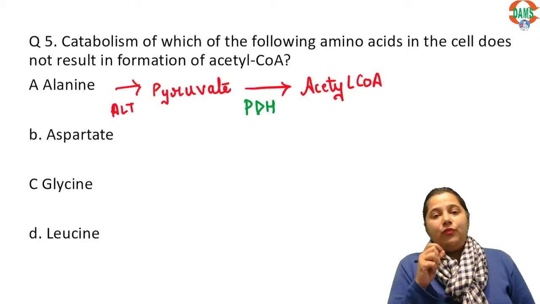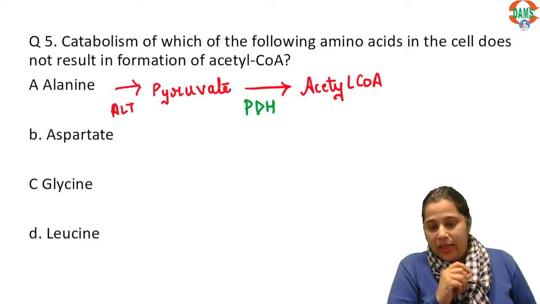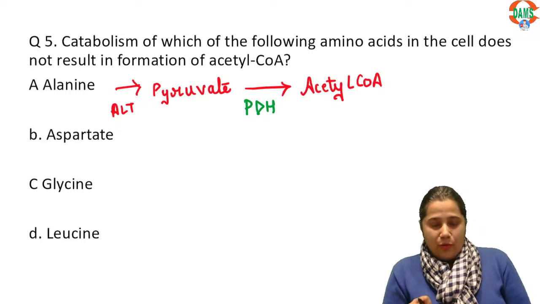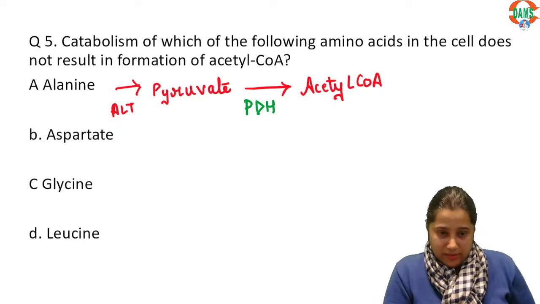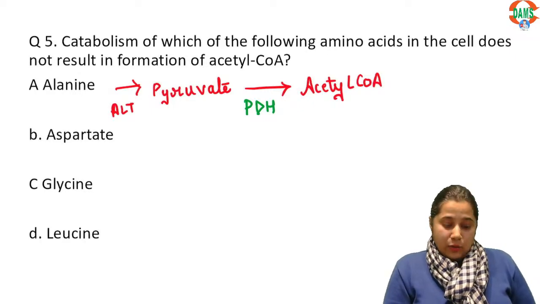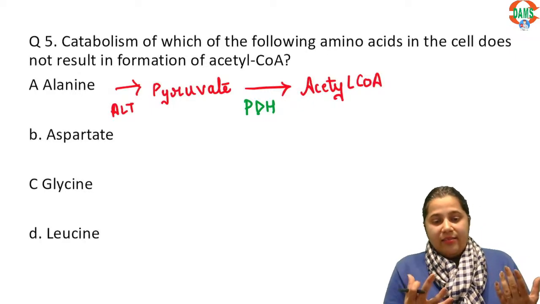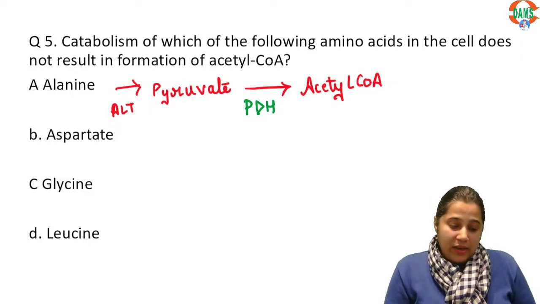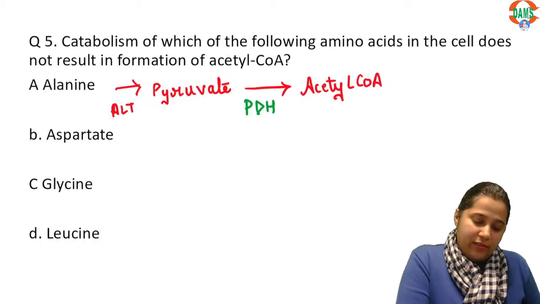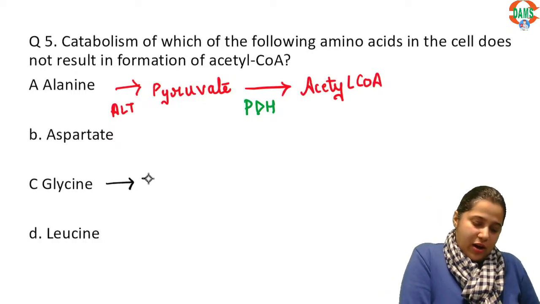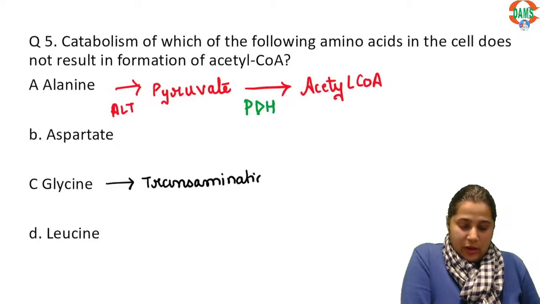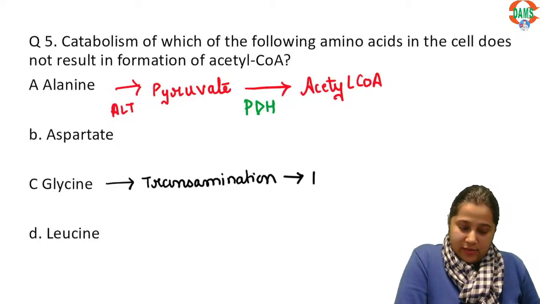Yes, one of the 3 oxidative decarboxylation reactions. Now this alanine will first form pyruvate and then pyruvate will form acetyl-CoA. Therefore, yes, we can say that acetyl-CoA is formed from alanine. Now glycine also undergoes a transamination reaction where it will form pyruvate.